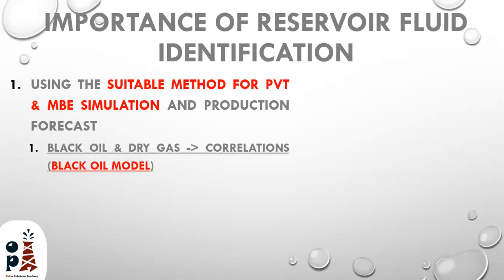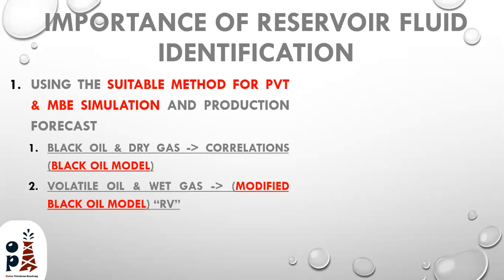For example, for black oil and dry gas, we can use the black oil correlations like Beggs and Brill, and this is called the black oil model. For volatile oil and wet gas reservoirs, the separated gas is associated with some oil that's separated from this gas.